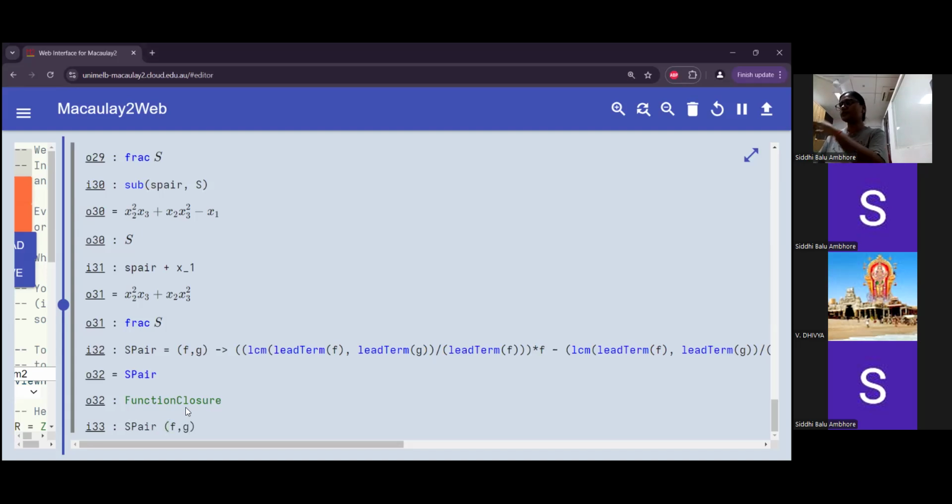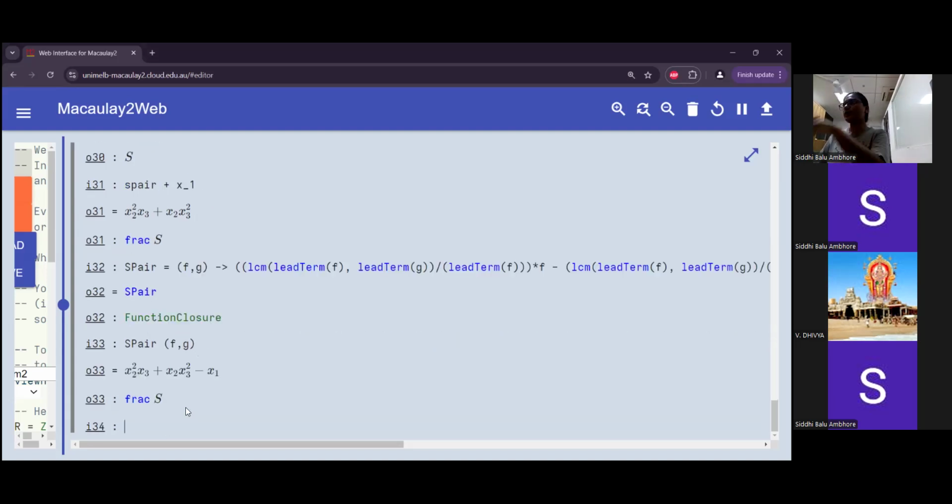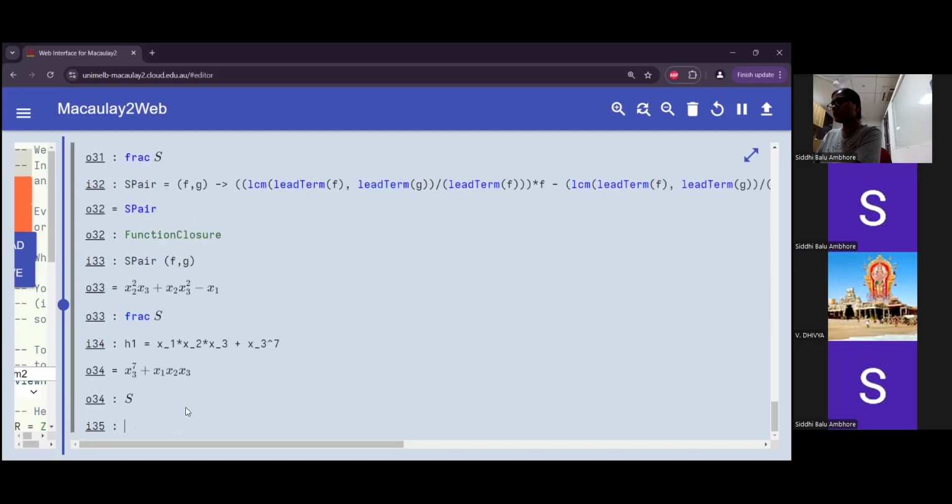Not only f comma g, let me define h1 equal to this polynomial, and h2 some other polynomial.